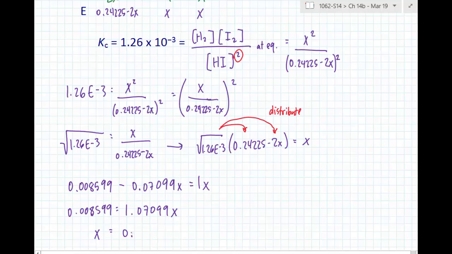X equals 0.08029, which originally came from 3 sig figs, I think so.